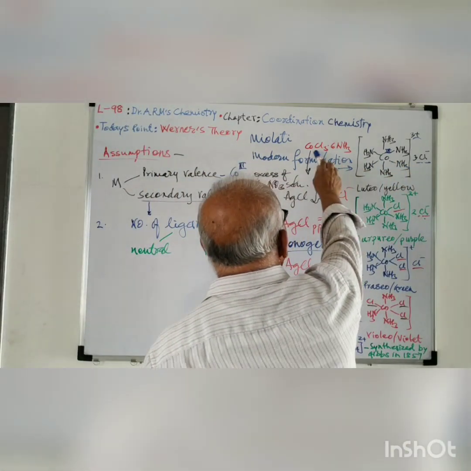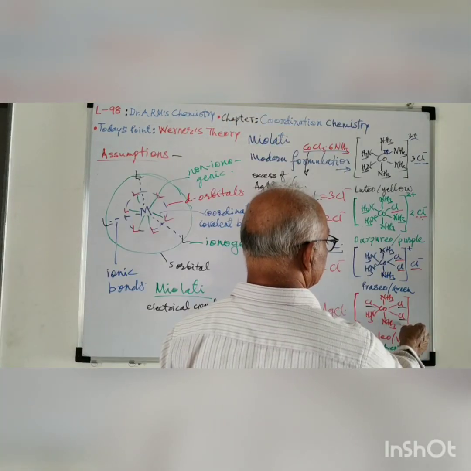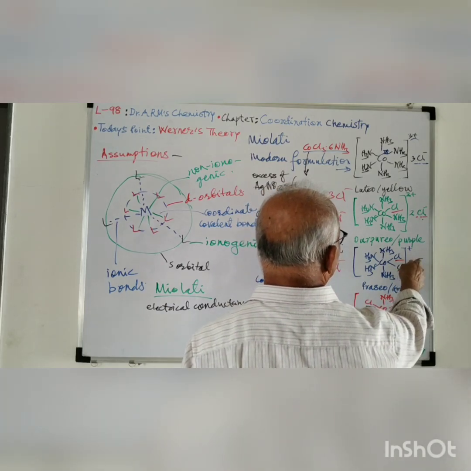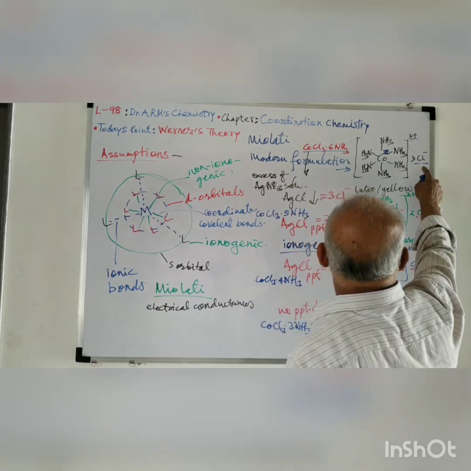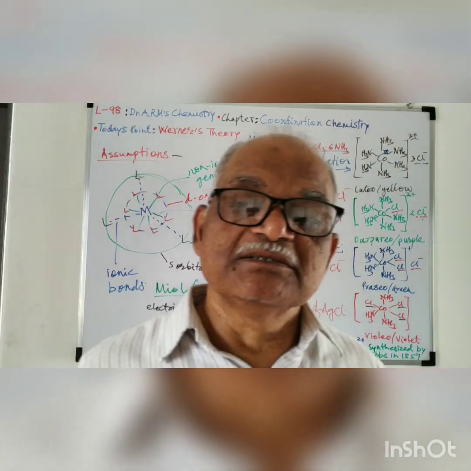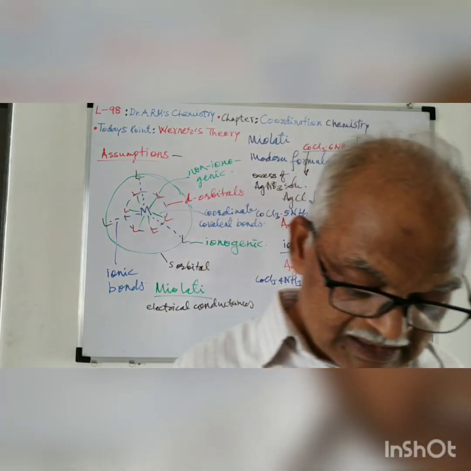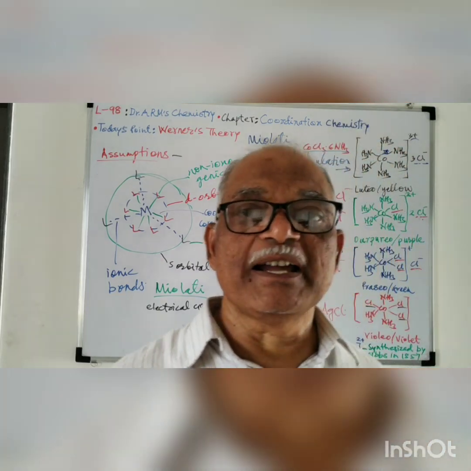For example, if we dissolve this complex in water, we find that there is only one particle. In this case, there are two particles. In this case, three particles. In this, four particles. These facts also support the assumptions given by Werner.